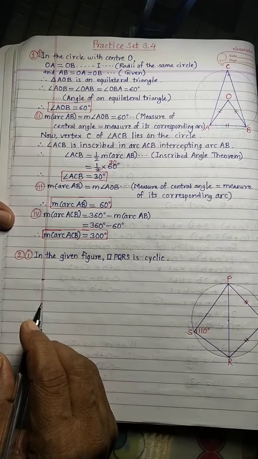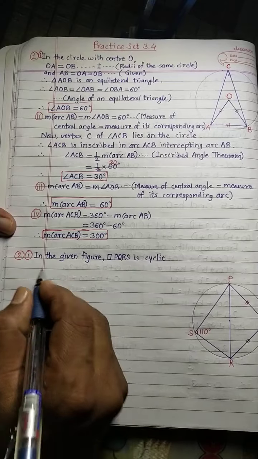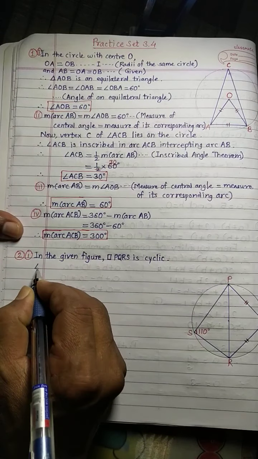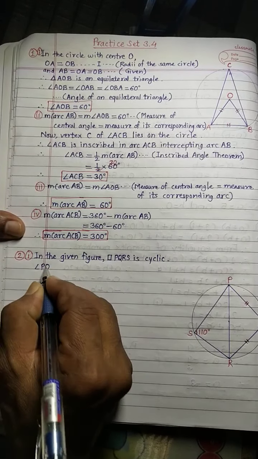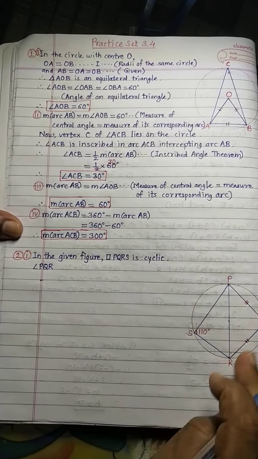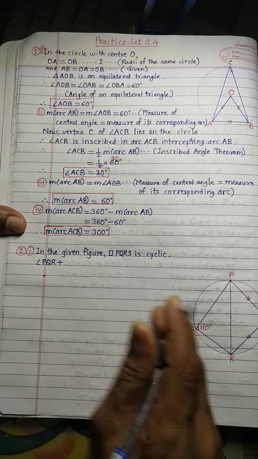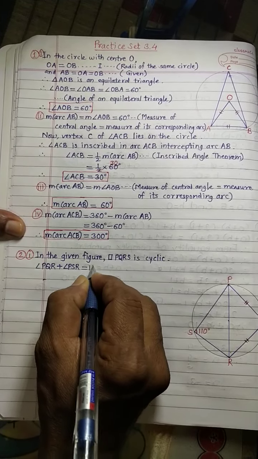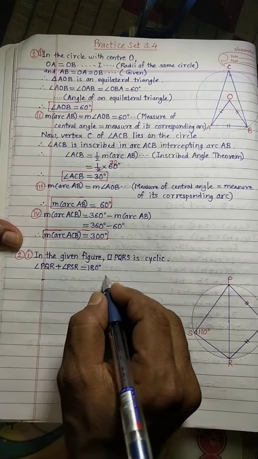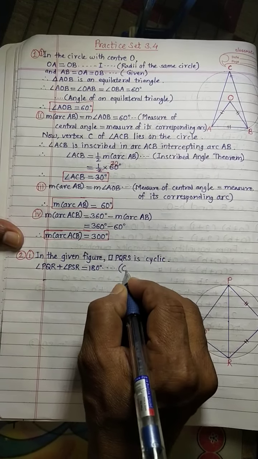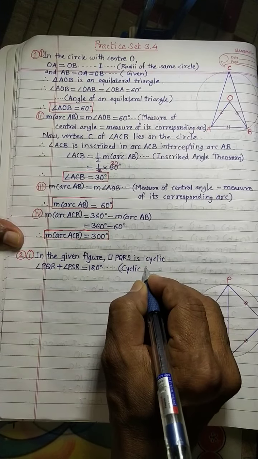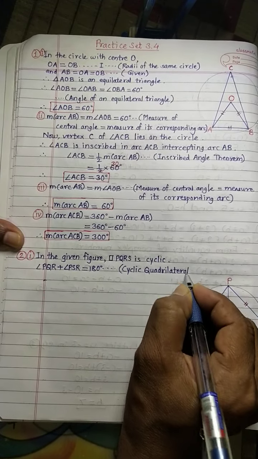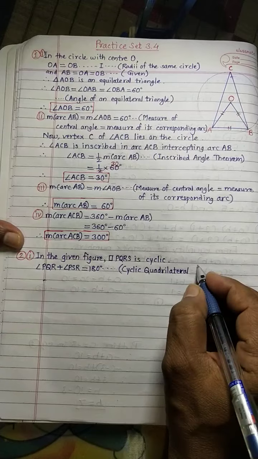Okay, so here angle PQR plus angle PSR is equal to 180 degree, and here the reason is cyclic quadrilateral theorem.